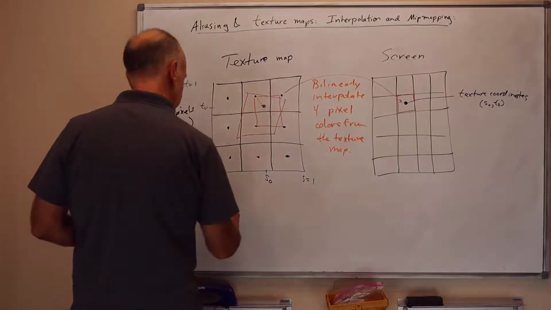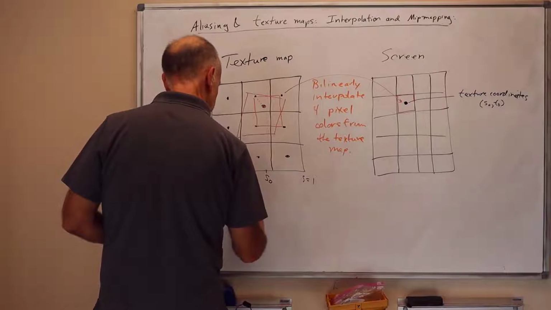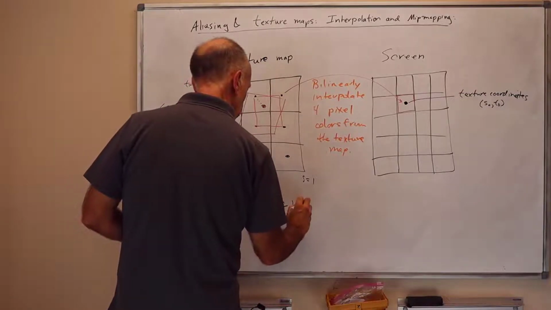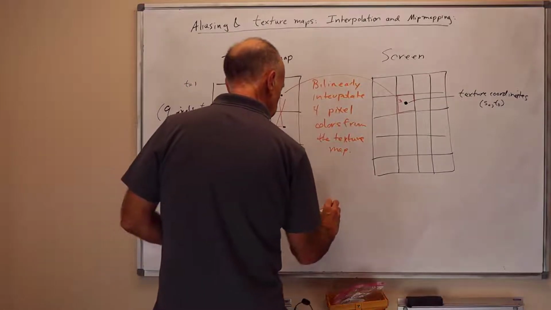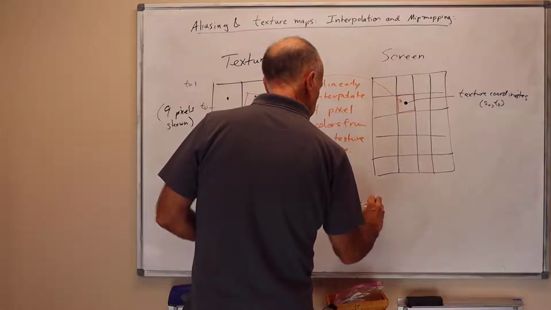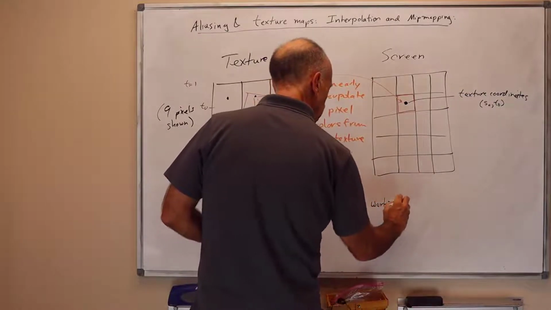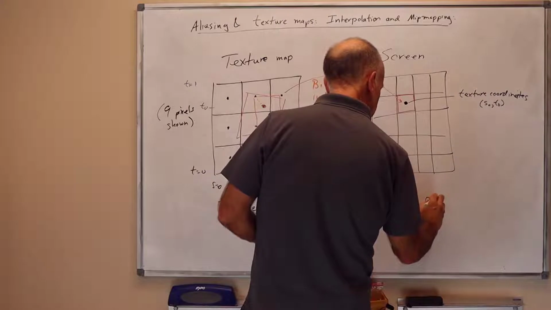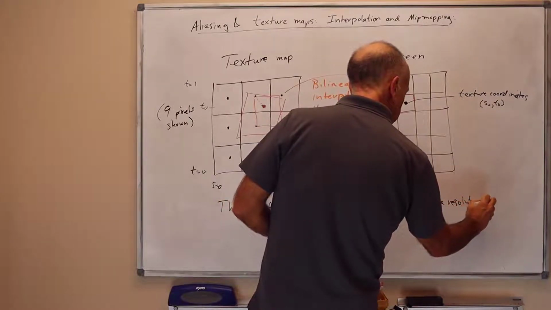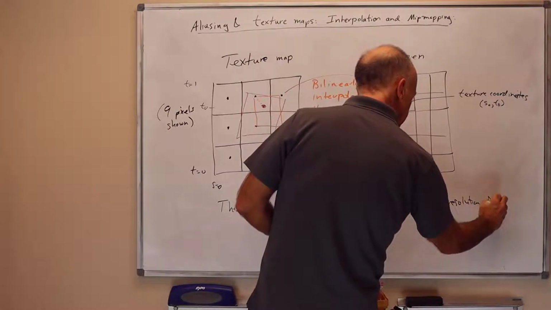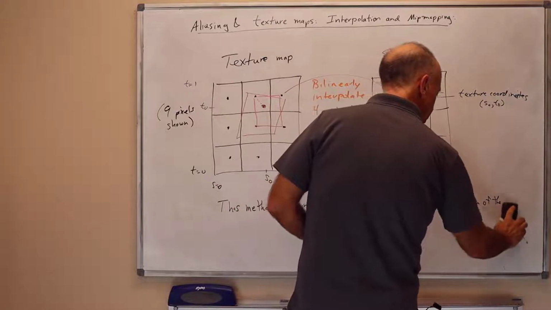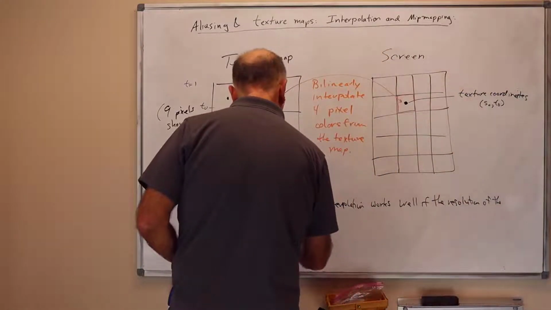But this method of bilinear interpolation works well if the resolution of the texture map is either the same as or lower than that of the screen.